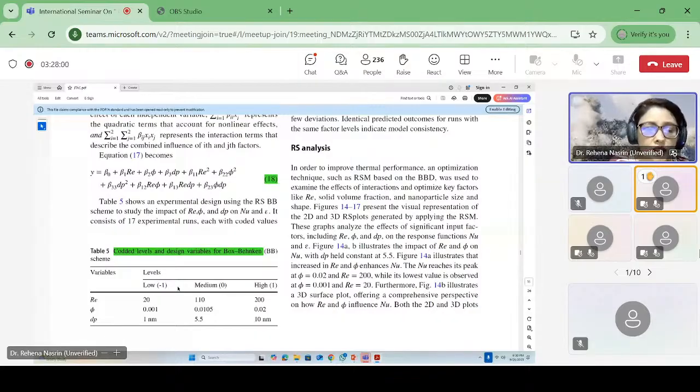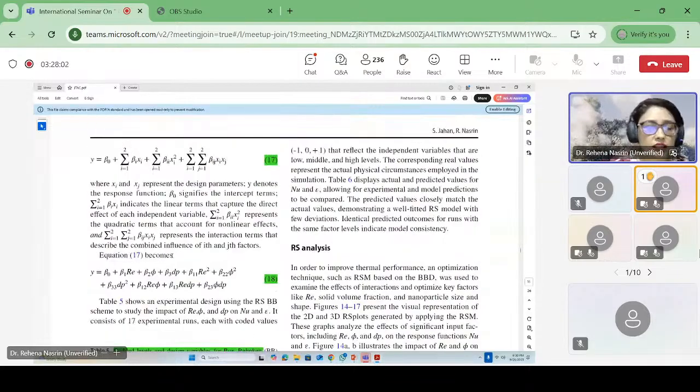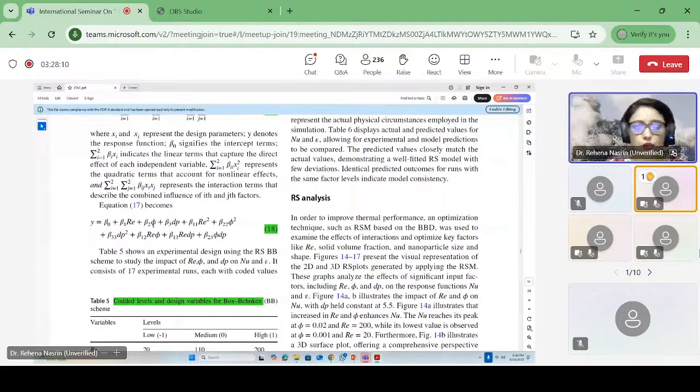For the statistical part, this is the basic polynomial of this equation, and we consider two independent variables, Reynolds number and solid volume fraction phi, and the dependent variables are the Nusselt number, that is the heat transfer coefficient, and thermal efficiency.